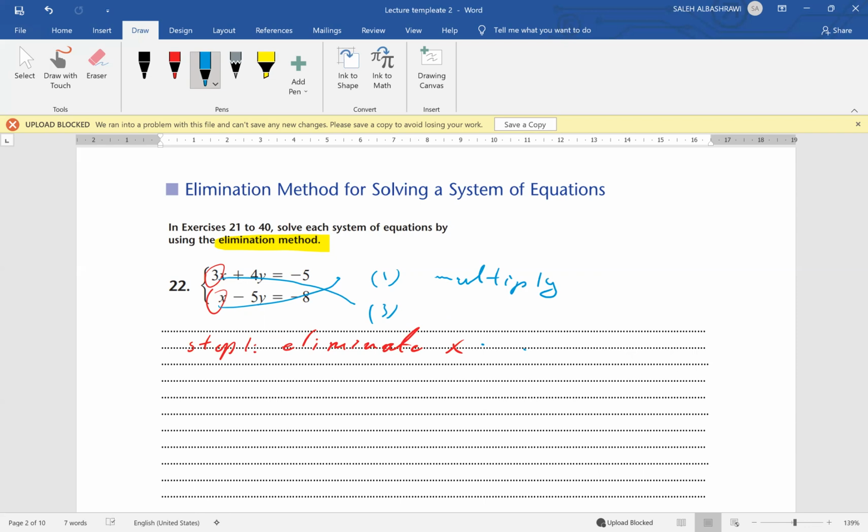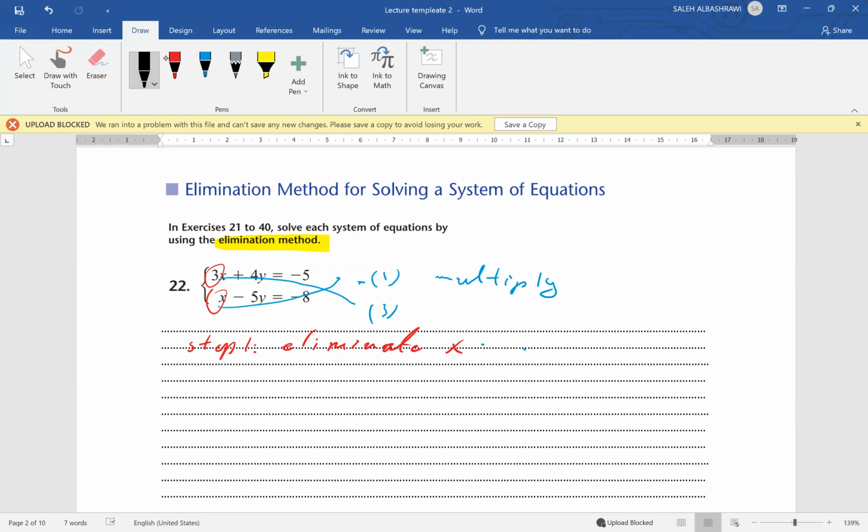But since they have the same sign, one of them will be negative. So I'm going to choose the first one to be minus 1. I'm going to multiply the first equation by minus 1.